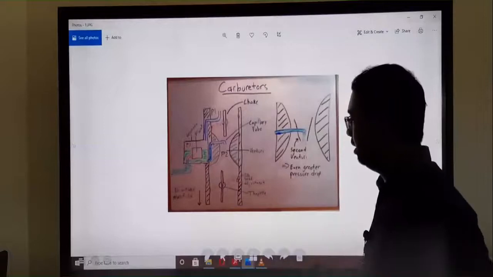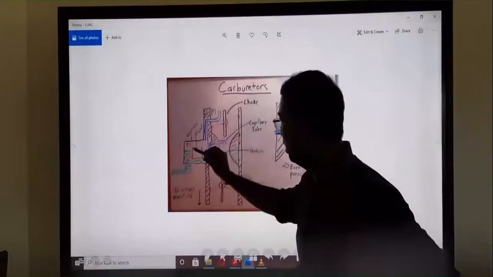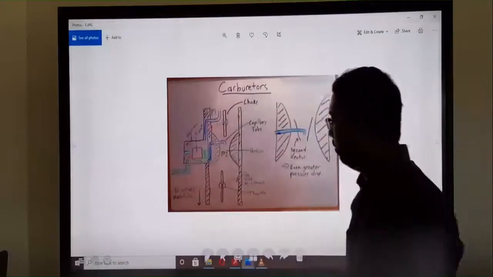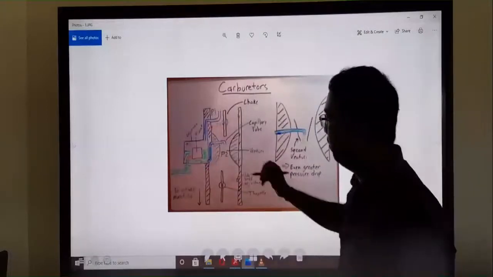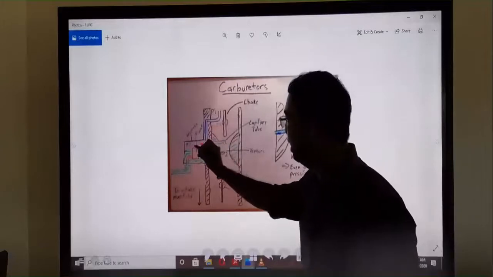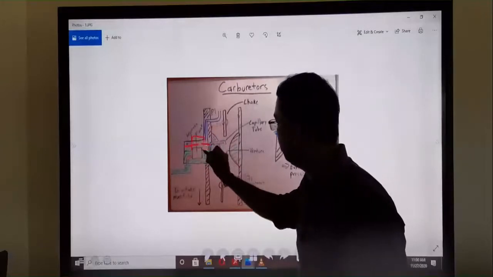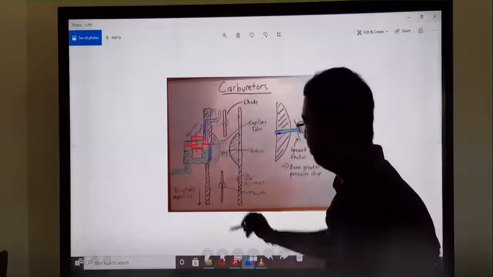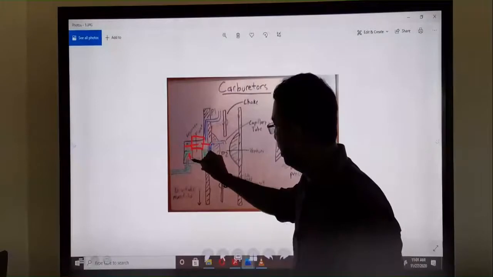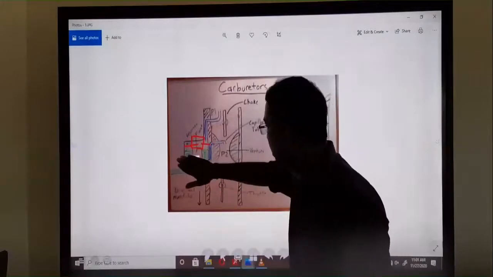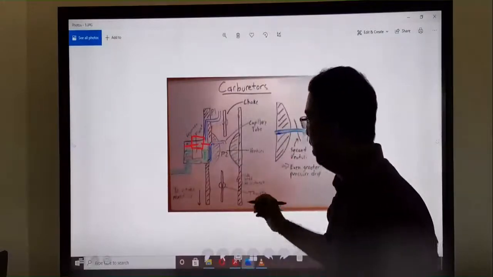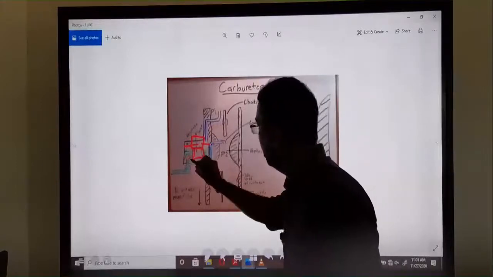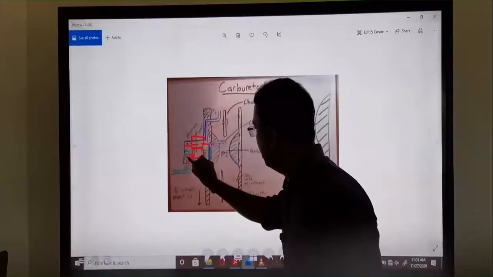Here we can see there is a floater. It is floating on the fuel. When the fuel level increases, the floater also moves upwards. At this time there is no connection here. Here is a pivot point. When the floater comes to this position, the connection is made.